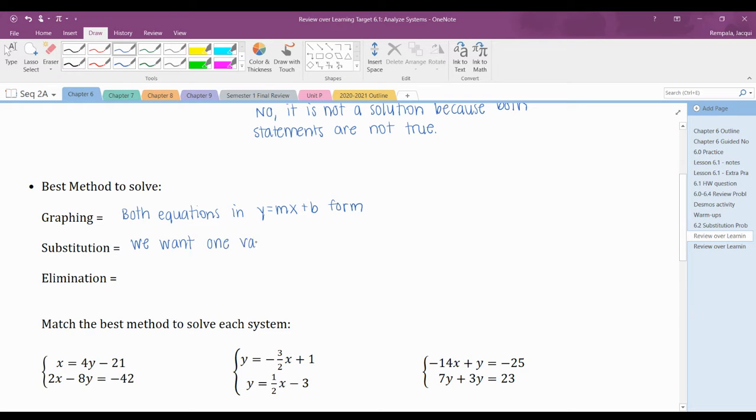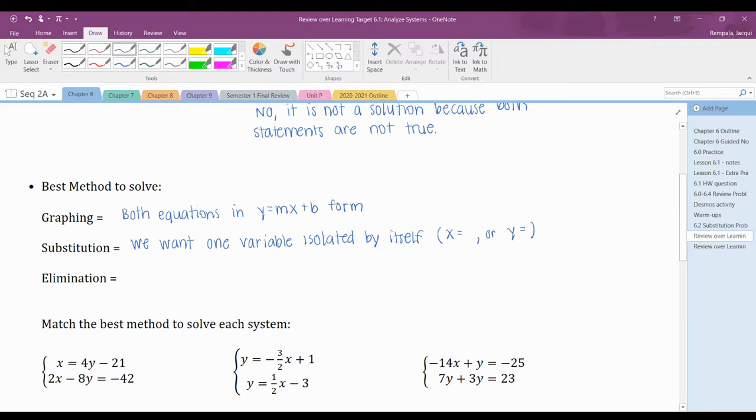For substitution, we want one variable isolated by itself. So when I'm looking at my two equations, I'm looking for an equation that says x equals, or an equation that says y equals. It doesn't have to be both equations. It's just one equation that has one variable isolated by itself.